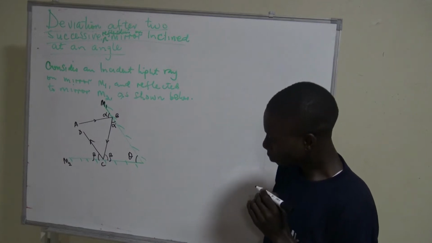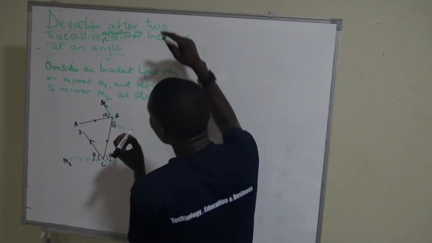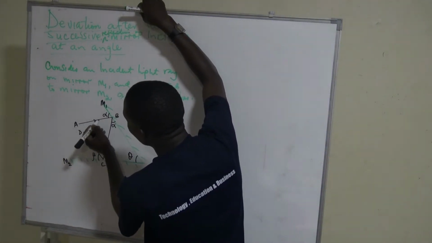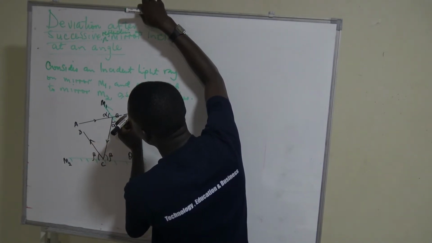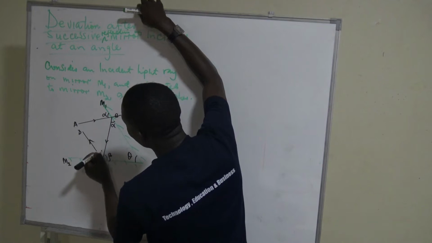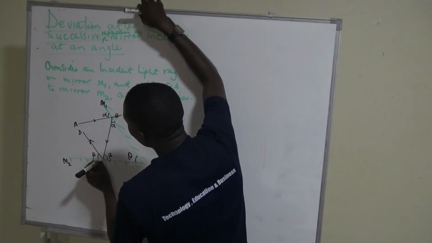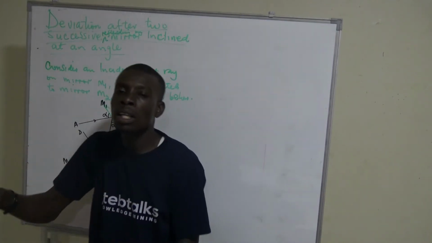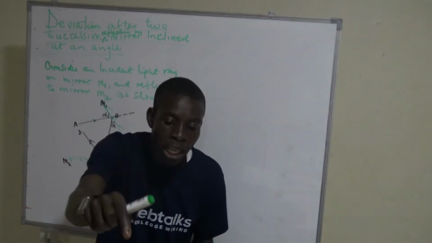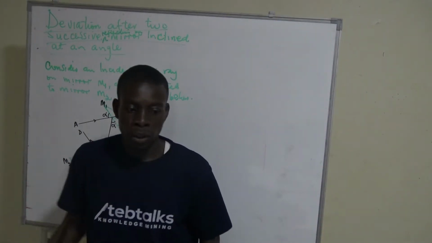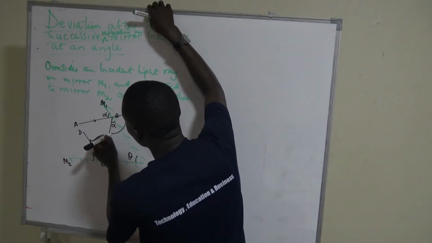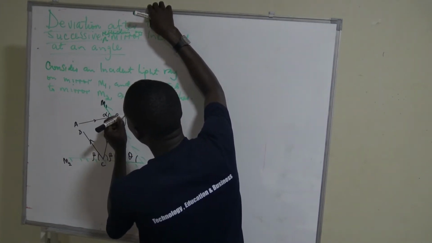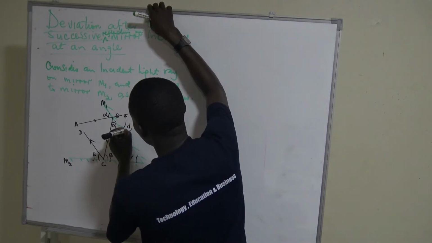This is the reflected ray for the first mirror, but it is an incident ray for the second mirror. Now, if it is incident at an angle, say beta, it is also true that this same glancing angle can also be beta. This ray as it was coming was supposed to move in this direction, but later changed direction and is now moving in this direction. How do we call the angle between the initial direction and the final direction? The angle is called the angle of deviation. It deviated for the first time, therefore D1.